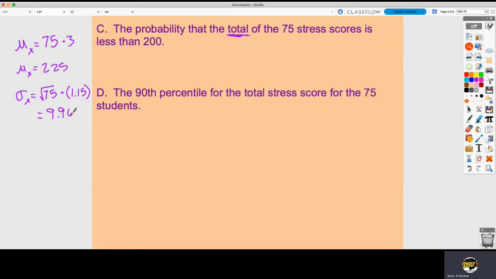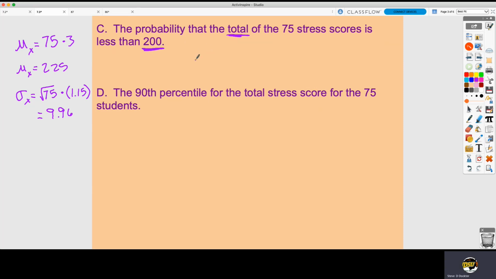Okay, so even though they're not asking for those two values to be able to get this problem, you're going to have to find those. Okay, and so from here, probability, so we're thinking normal distribution here. Okay, so we're going normal CDF. We want to find less than 200.